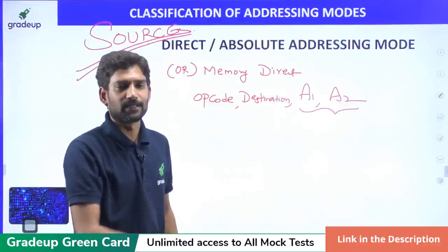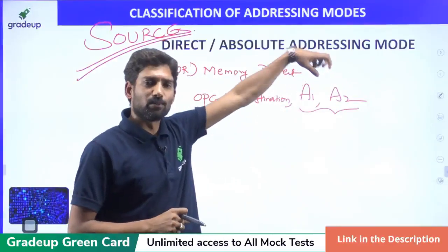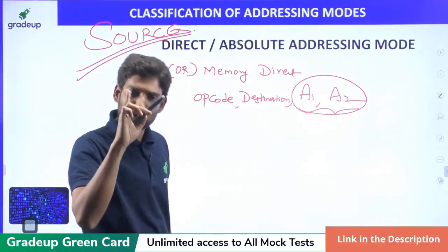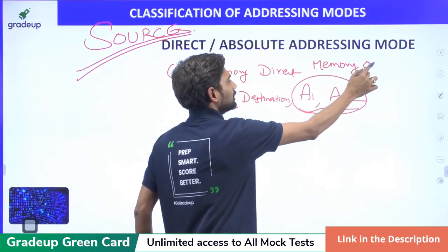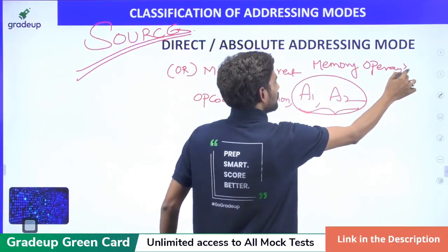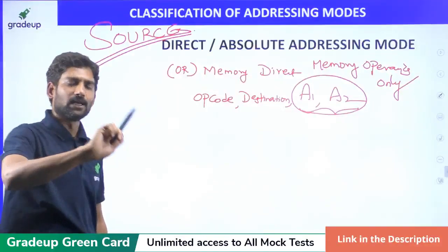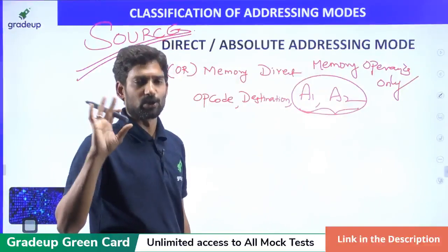Please make a note of it. For the direct or absolute addressing mode, the source operands should be memory operands only. Underline that only. No register operand, no value, no immediate operand.